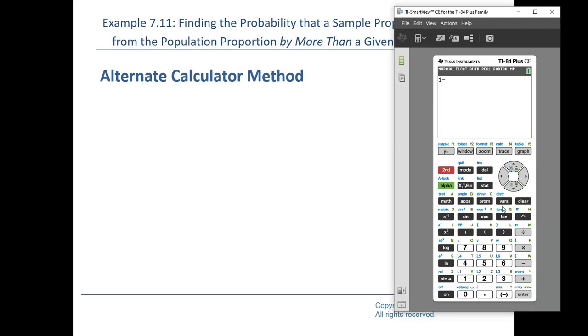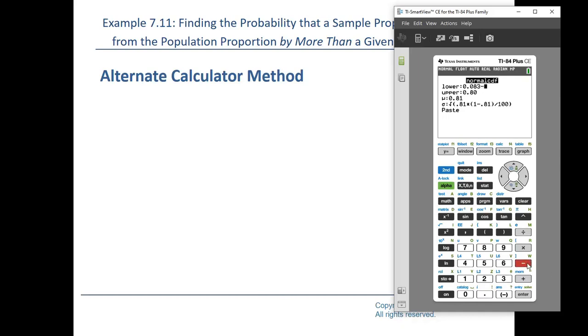And then we go to second vars, number 2, and then we've got our lower bound and our upper bound here. Now, remember what we did here was we basically took our population proportion, and we added and subtracted our 2%, which is again 0.02, and that's going to be our lower bound and our upper bound there.